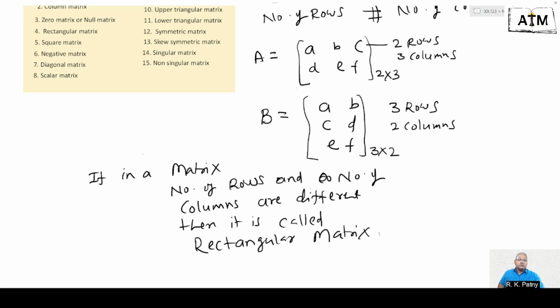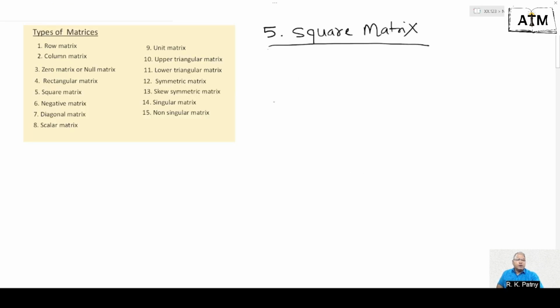The fifth one is the square matrix. Number of rows equal to number of columns. If in a matrix the number of rows is equal to the number of columns, then it is called a square matrix.